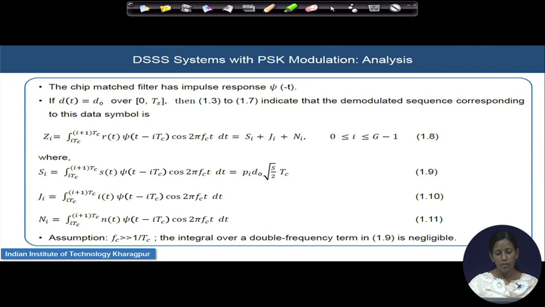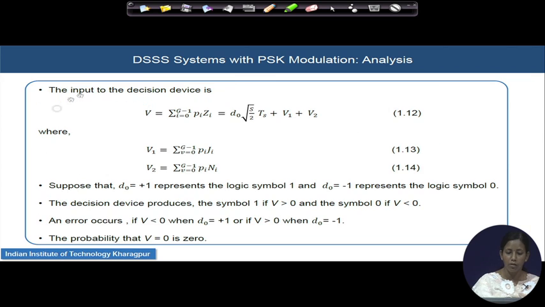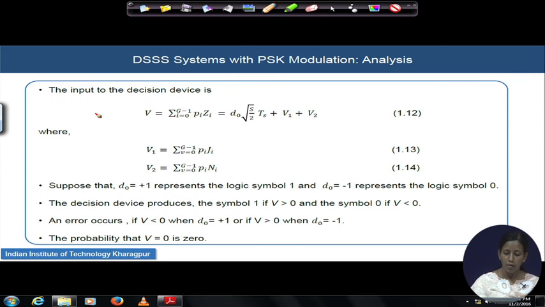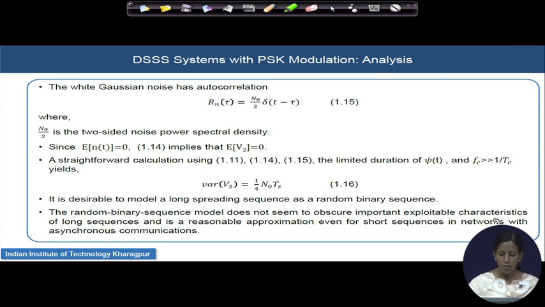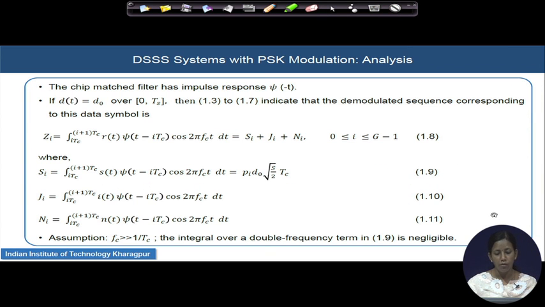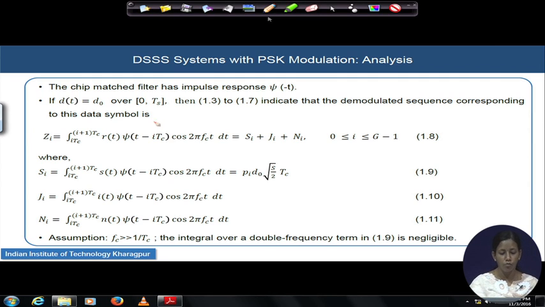let us start with the understanding that we have transmitted d(t) equal to d0. The whole explanation will now be continued for the data value d(t) transmitted equal to d0 over the time of interest.